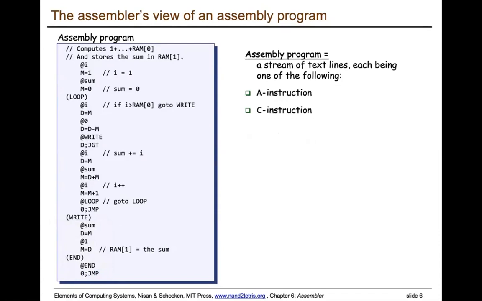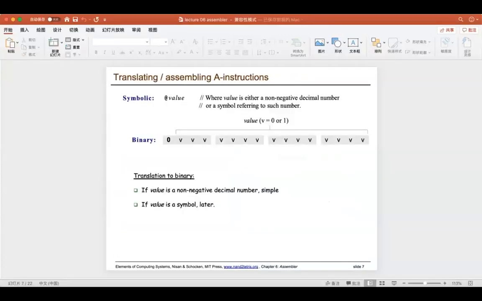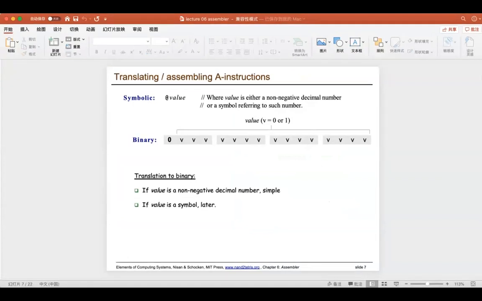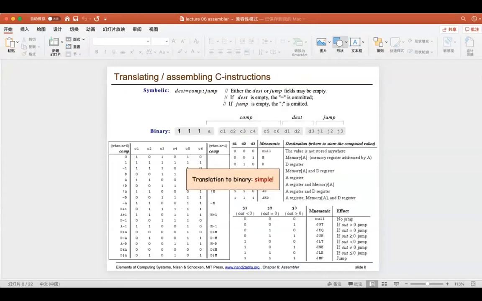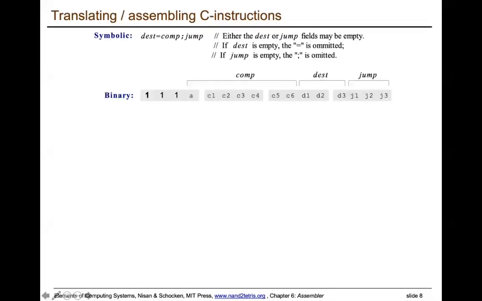Then the next one is the C instruction. The C instruction is also quite simple because we have ways to do that. It looks like this, as we already learned before the midterm.